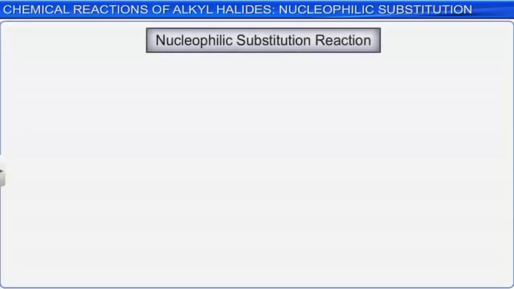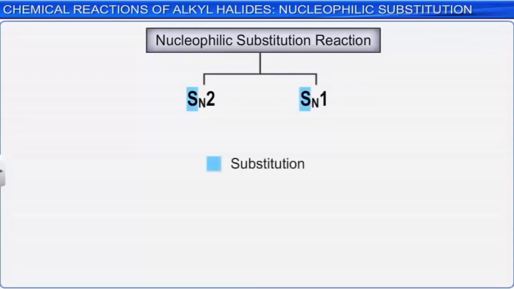Depending upon the mechanism or the reaction conditions, nucleophilic substitution reactions can be classified as SN1 or SN2 reactions. The S is for substitution and the N is for nucleophilic.